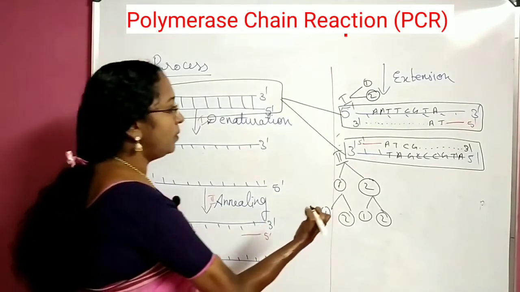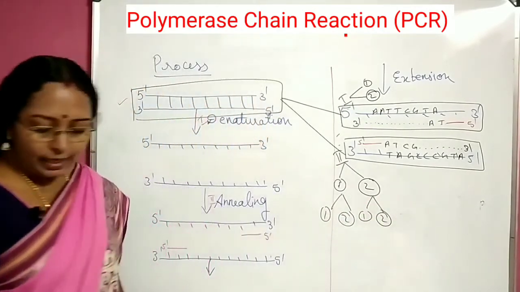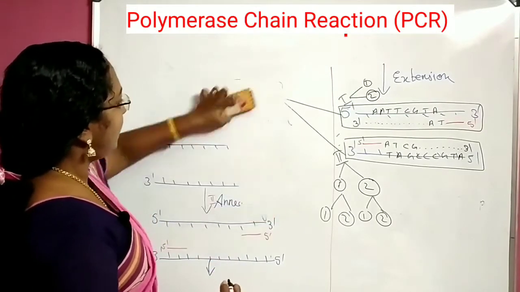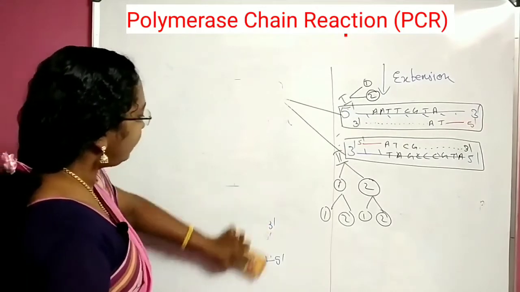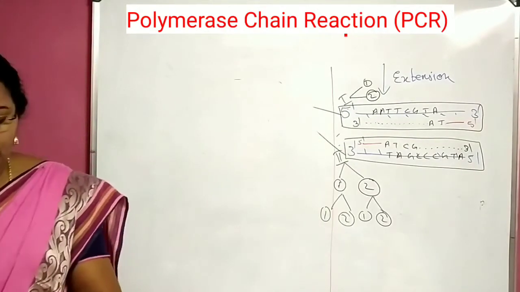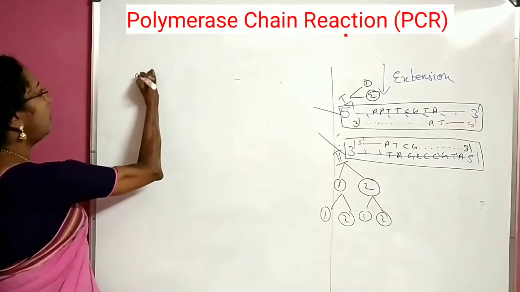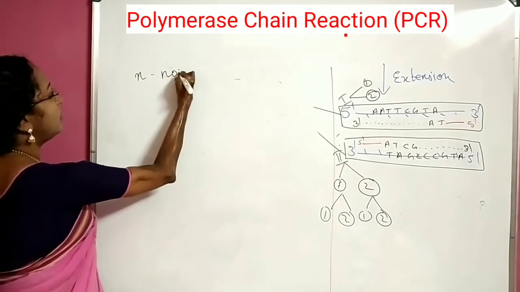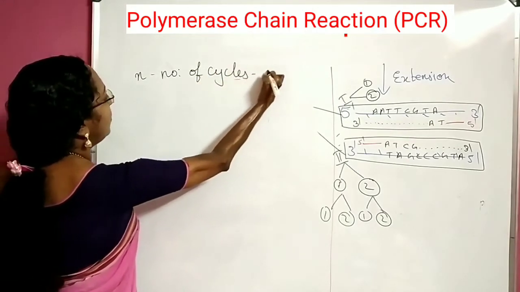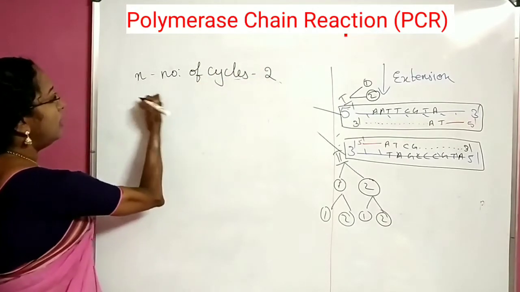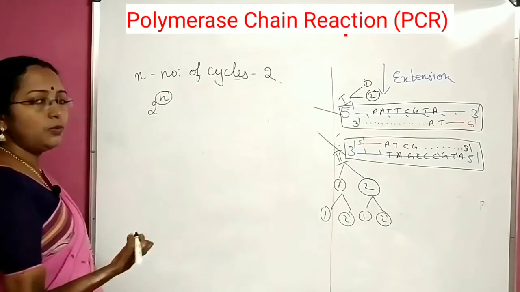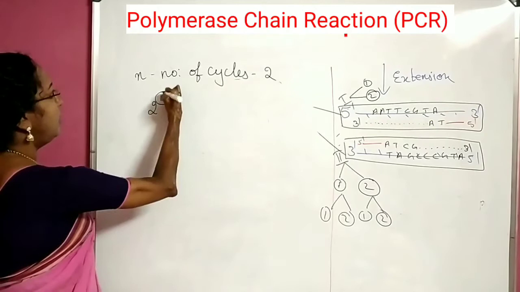Suppose you have put all the requirements inside the PCR machine and you have set the number of cycles, with n as the number of cycles. Say you have set the number of cycles as 2. Then how many DNA strands will there be? Using the formula 2 raised to n, where n is the number of cycles, you can get it.